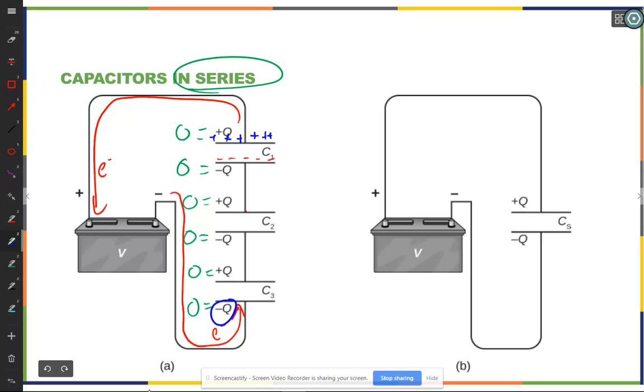But those electrons left here are leaving this positive. And this positive has to match that negative because it was just electron motion. Charge leaves here, goes there. And then that chain reaction occurs again.